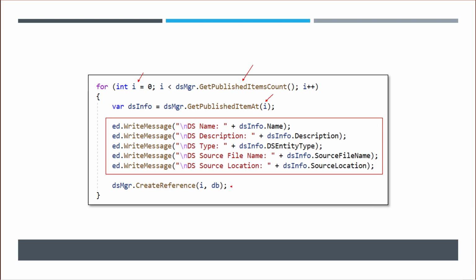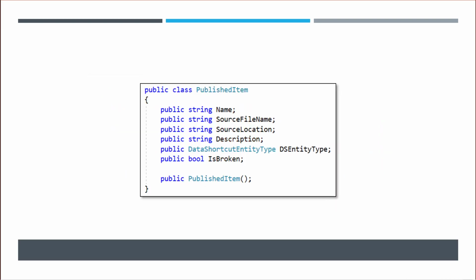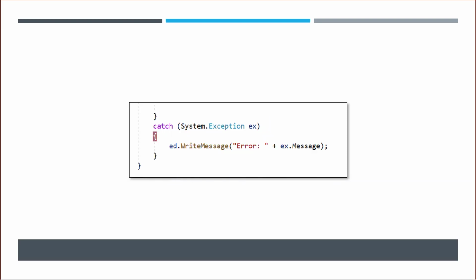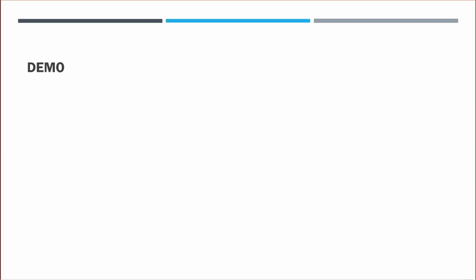And then finally, it creates the reference and brings the object into the drawing, just like you can do in the user interface in Civil 3D. And these are the properties available for the published item within Civil 3D's API. And then we have some error catching at the very end in case something goes wrong.